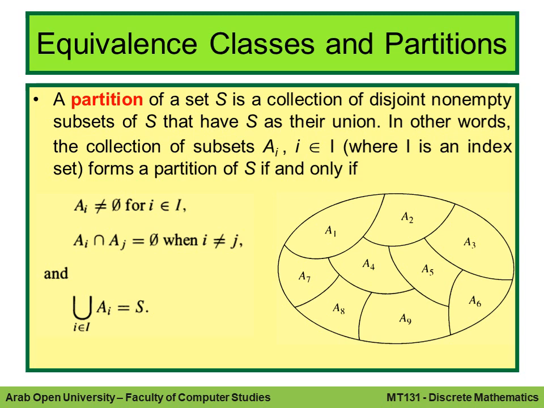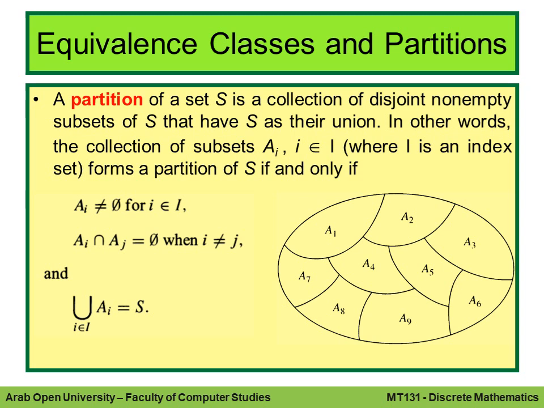A partition, this is now back to set theory. A partition of a set is a collection of disjoint non-empty subsets that have S as their union. These sets are non-empty, they are disjoint. If you take the union of all these sets, you get the set you started with, S. This is called a partition.